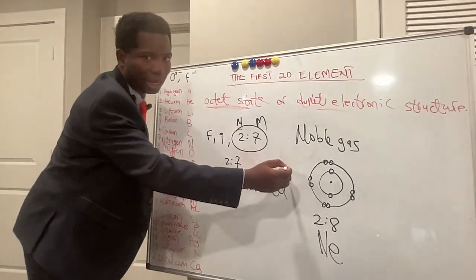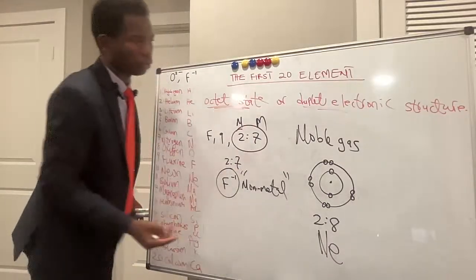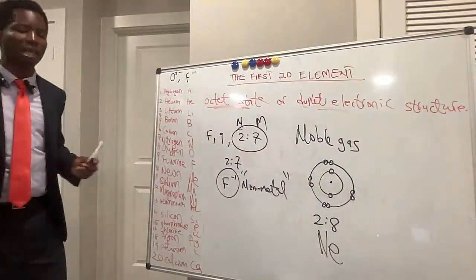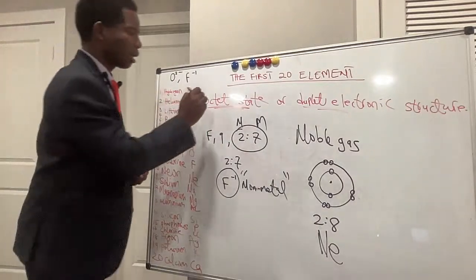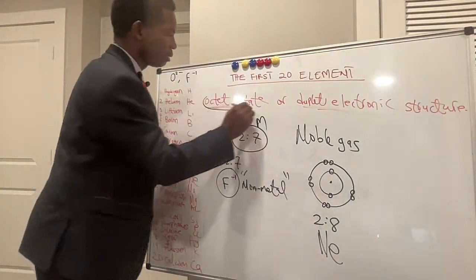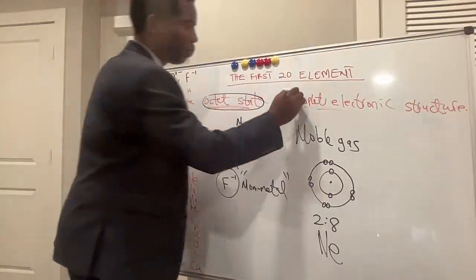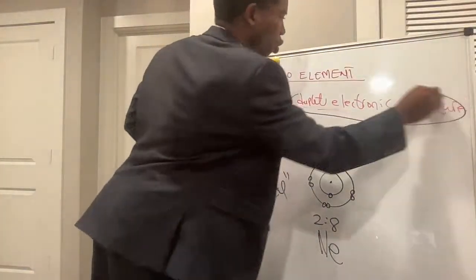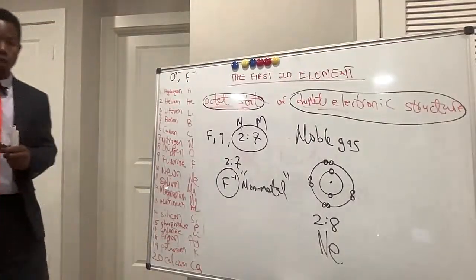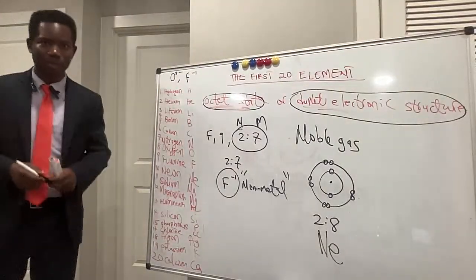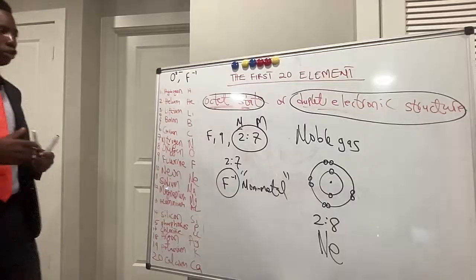Neon has how many electrons? 8 electrons. And that is the desire of all the elements. They want to obtain an octet state or a duplet electronic structure.